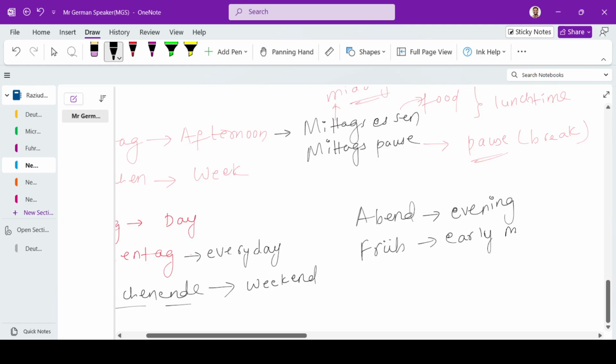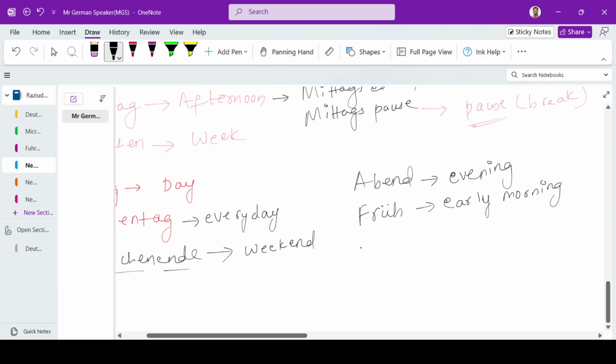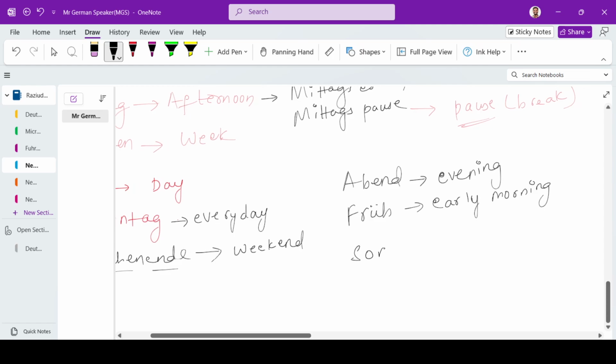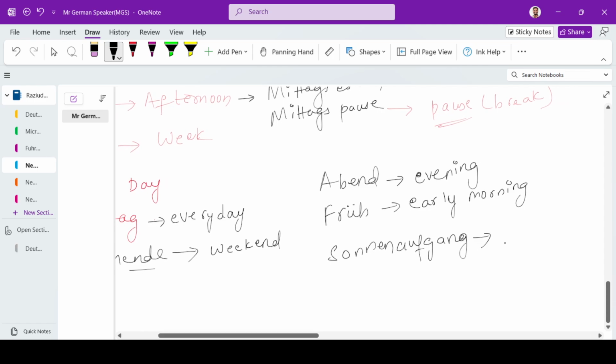Then we have sunrise. We call it Sonnenaufgang. Okay, Sonnenaufgang. I think sunrise or sunset, I have to check again. It's a little confusing, but yeah, sunrise. I will explain it in the next class. If some of you know already, please write it in the comments.